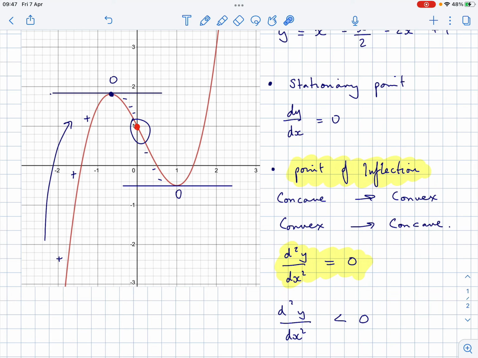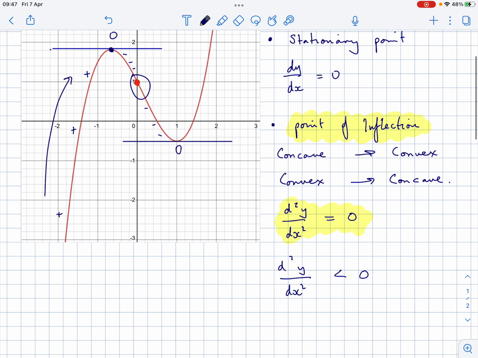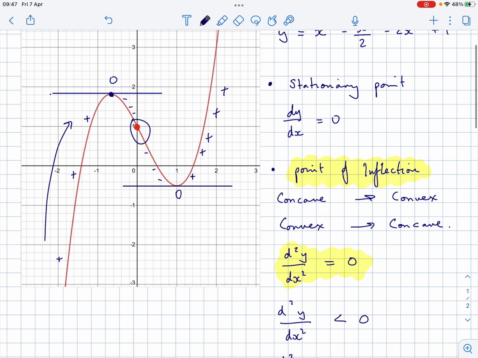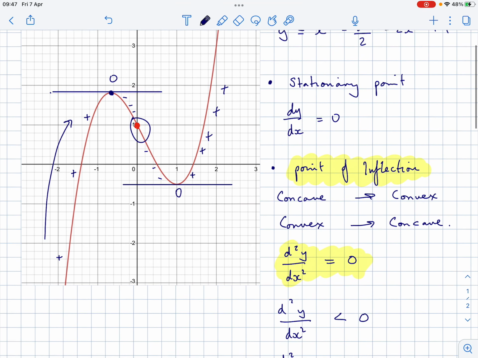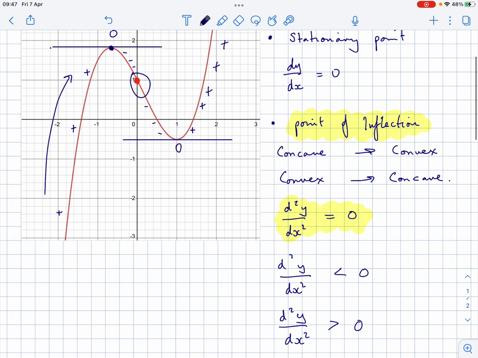Now in that section, the graph must have a positive change in the gradient. And actually, if we continue that on, it just becomes more and more positive as we go. So it would continue in that section of the graph.